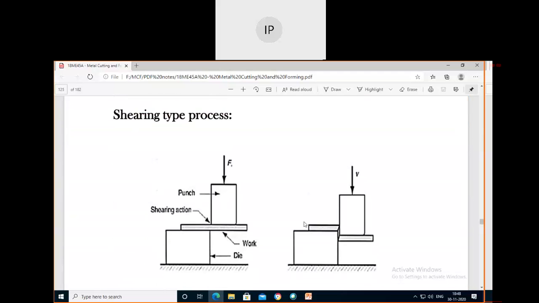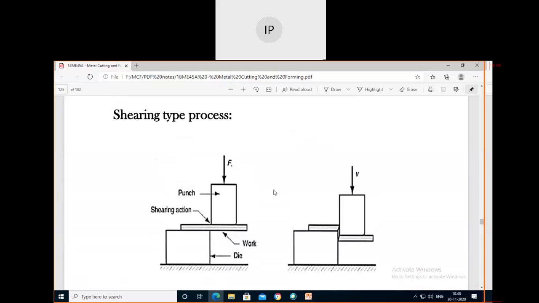This type of process involves the application of shearing force that will rupture the metal in the plane of shear. Shearing and blanking processes are the same. If you see this figure, a punch and die is required. Due to shearing action, cutting of the workpiece takes place here.